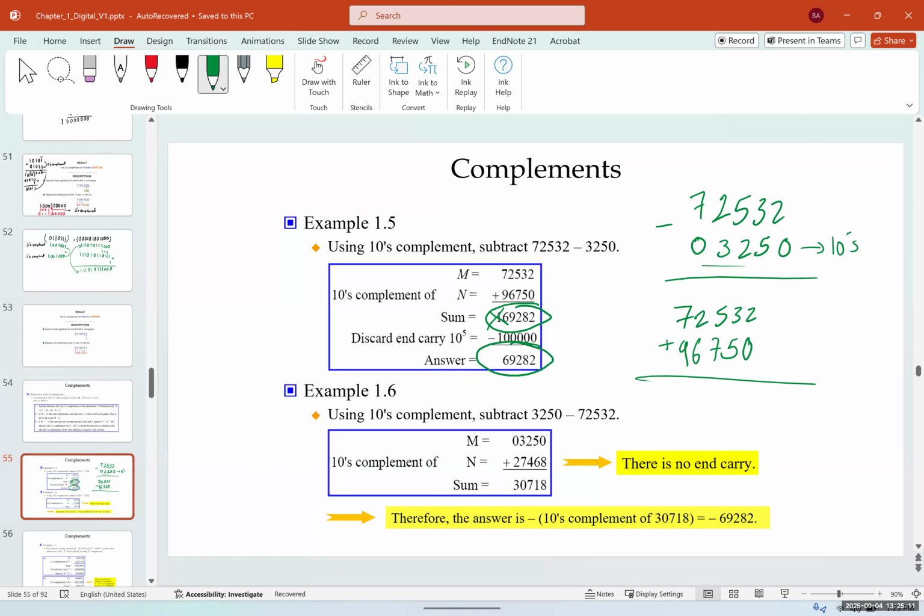The second one, 72,532. If you want to find the tens complement, we would keep this. We would subtract the first digit from 10, gives us 8, and the rest from 9, gives us 6, 4, 7, 2.